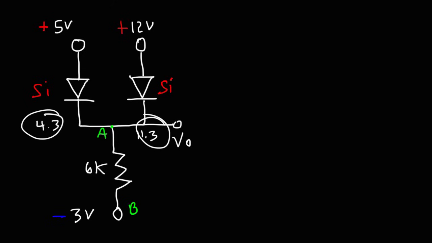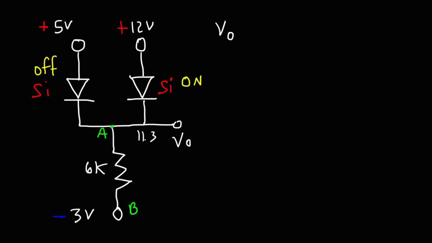One of these values will be correct. The higher potential is going to win out against the lower potential. So therefore, it's going to be 11.3. This diode will be on, and the other one will be off. Now we can calculate the current flowing through the 6 kilo ohm resistor. And we know that the output voltage is 11.3.